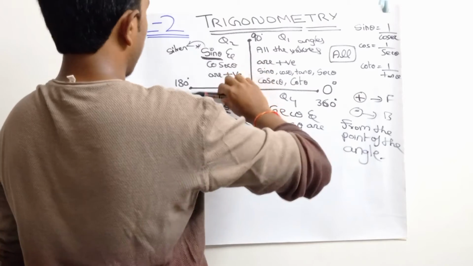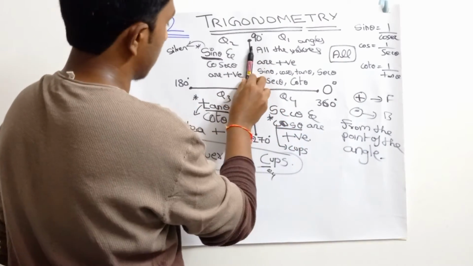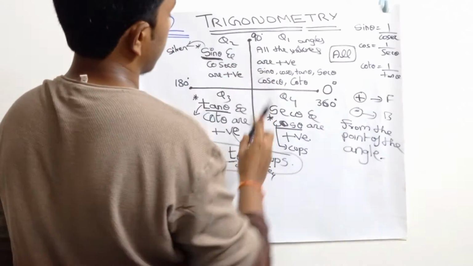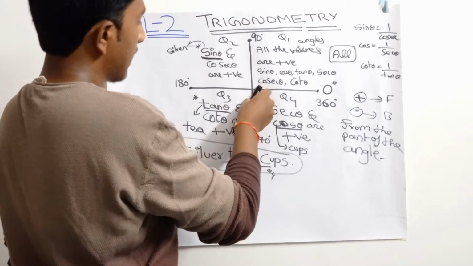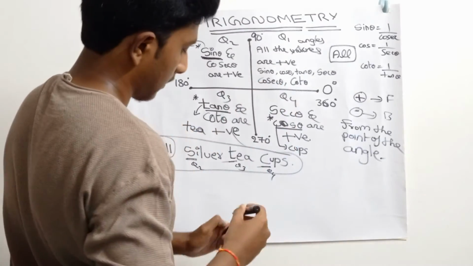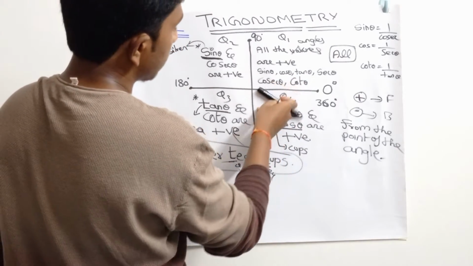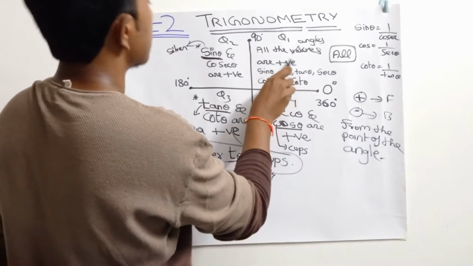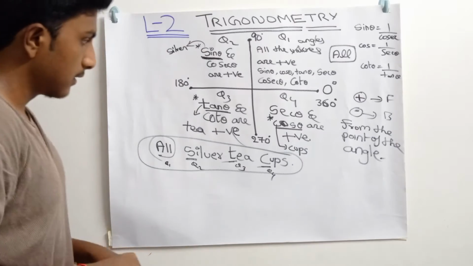Again 180 minus means second quadrant, 180 plus means third quadrant. 270 minus means third quadrant, 270 plus means fourth quadrant. 360 minus means fourth quadrant, and 360 plus means again first quadrant.